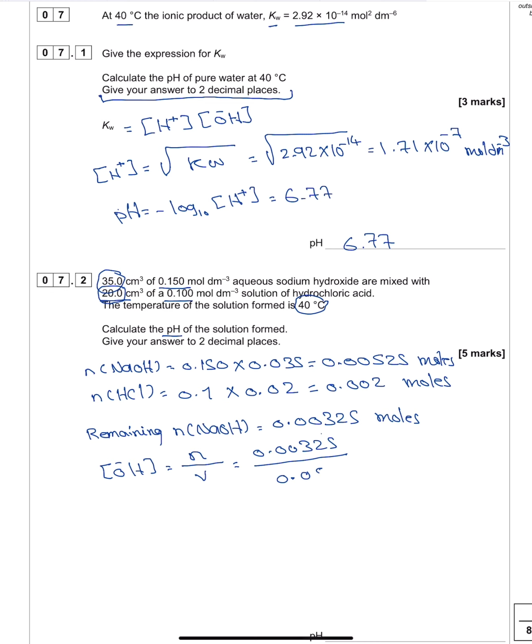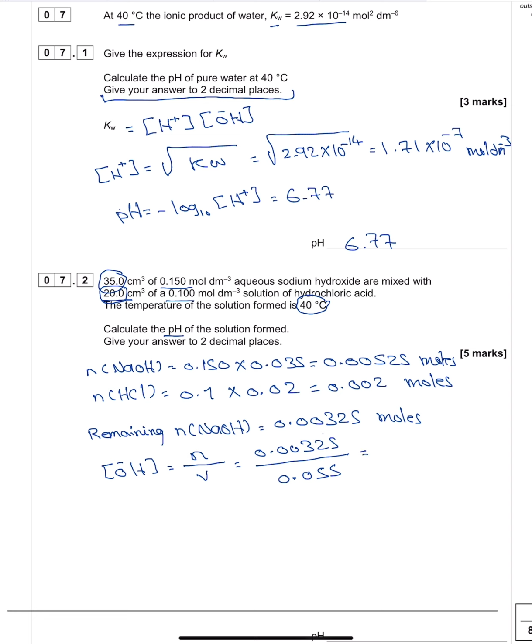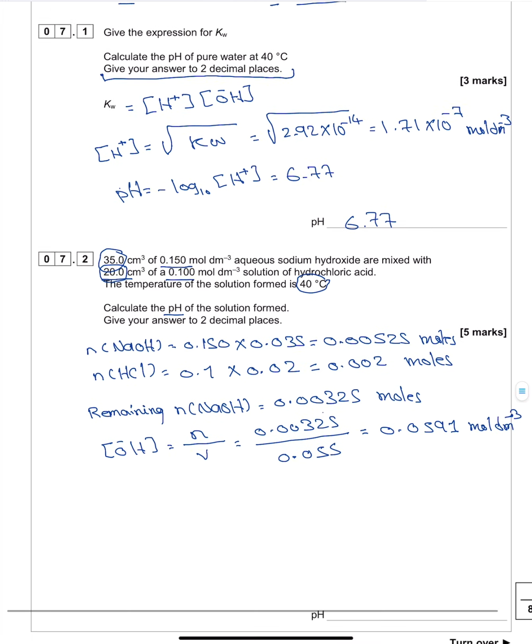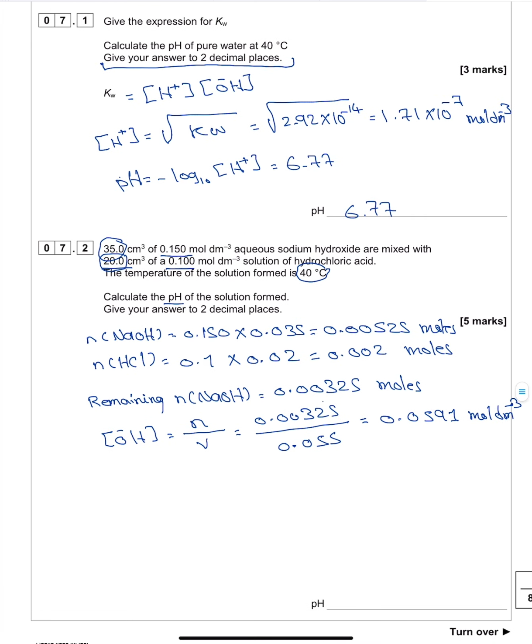In decimeter cubed, that will be 0.055. And that will give you 0.0591 mole per decimeter cubed. So that's the concentration of the hydroxide ion.